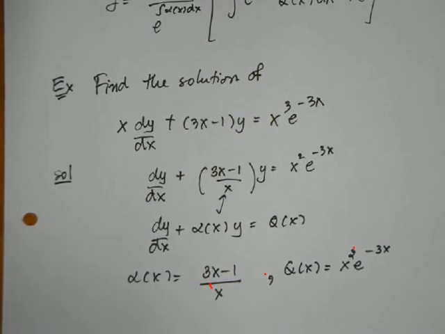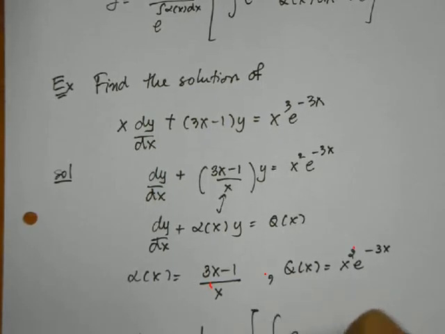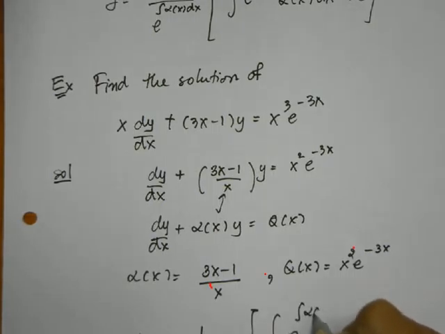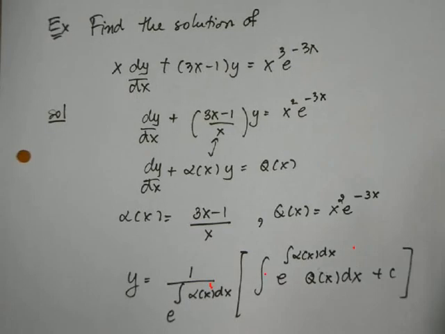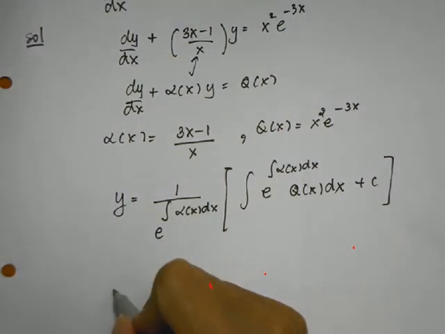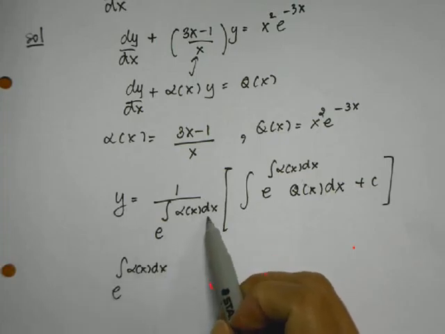Now, you know that y is equal to 1 over exponential of the integral of alpha(x) dx times the integral of exponential of the integral of alpha(x) dx times q(x) dx plus c. You have to be able to find this term, then you can plug it in here, right?